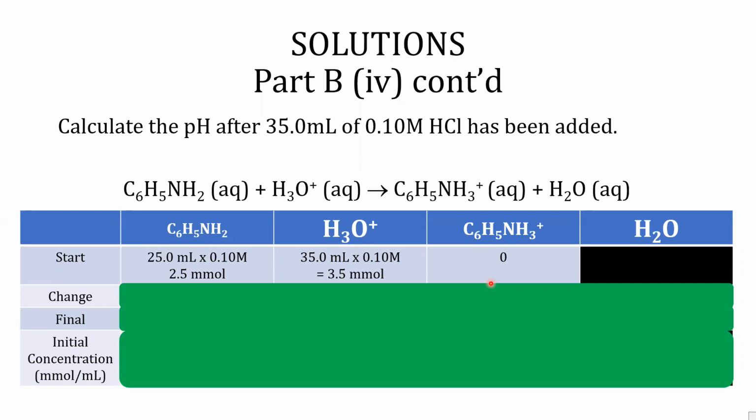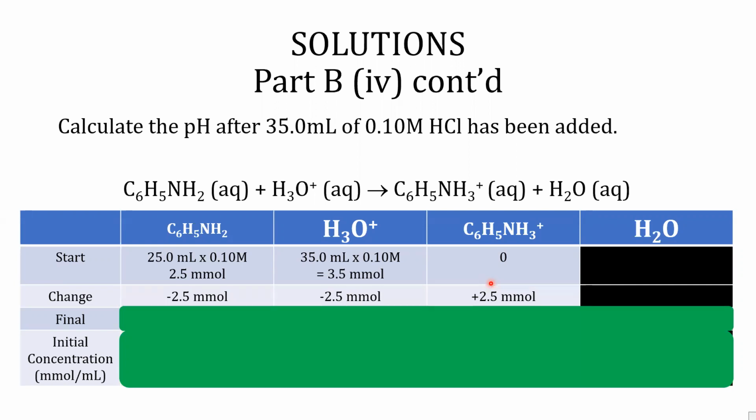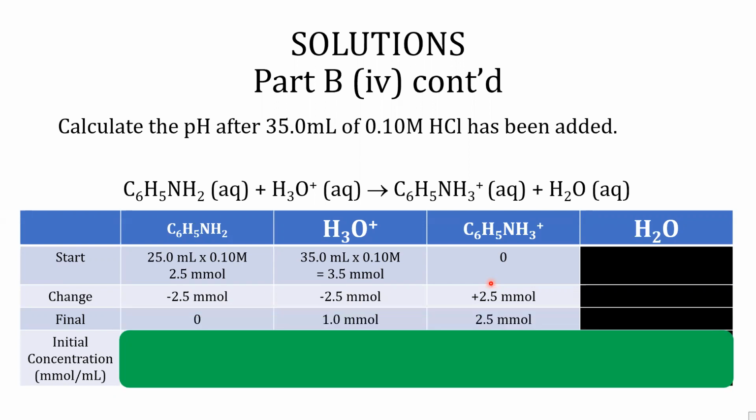C6H5NH2 is the limiting reagent, so after subtracting 2.5 millimoles from both and adding 2.5 millimoles to C6H5NH3+, the final amount is 1.0 millimoles for H3O+ and 2.5 millimoles for C6H5NH3+.